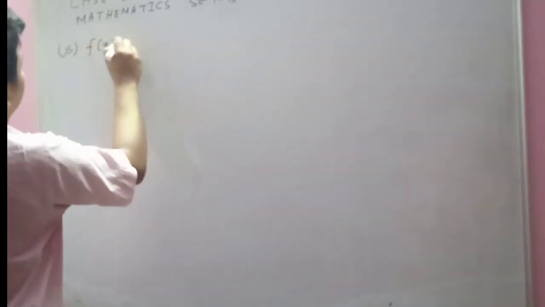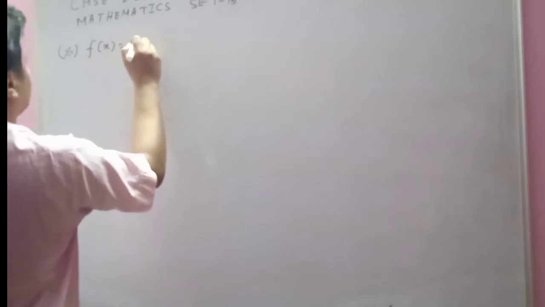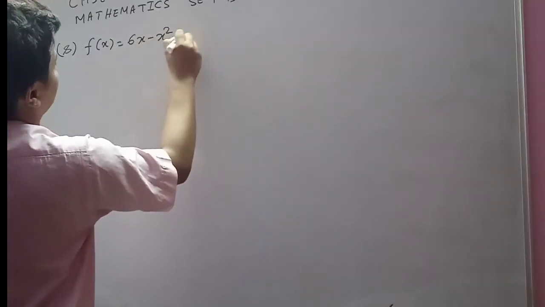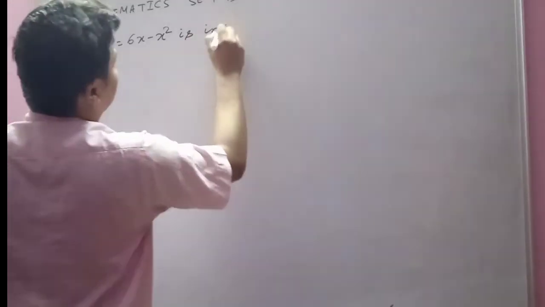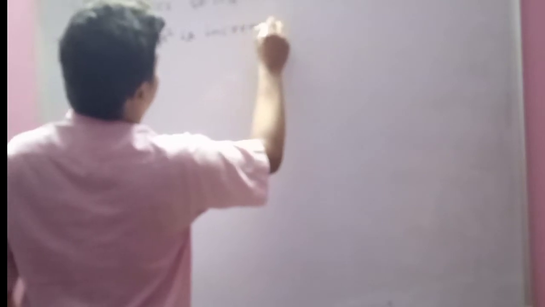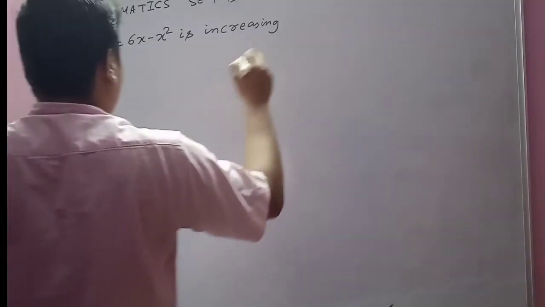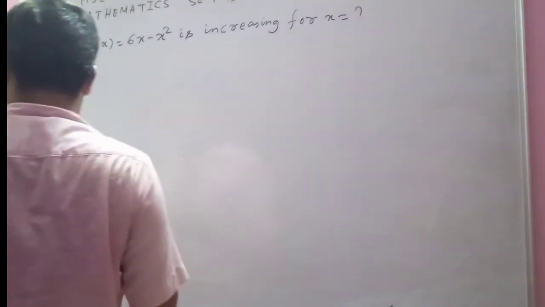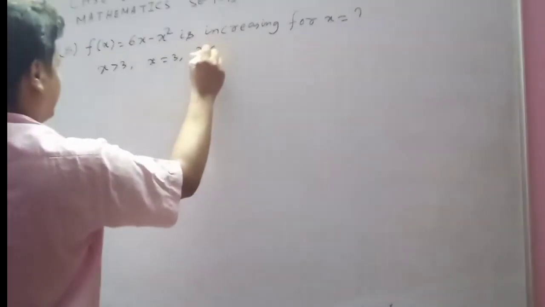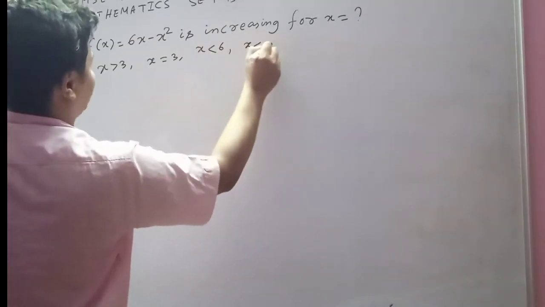F of x equal to 6x minus x square is increasing for: x greater than 3, x equal to 3, x less than 6, x less than 3.